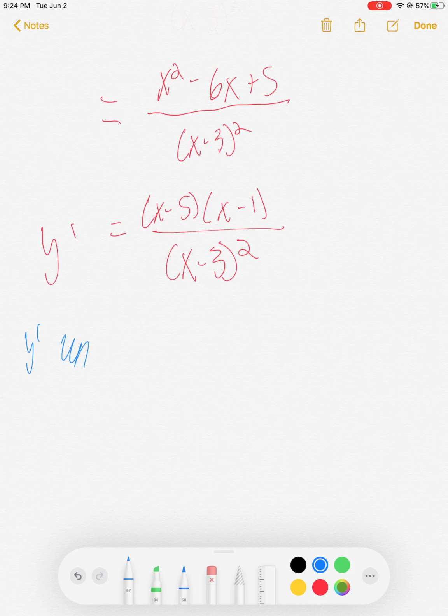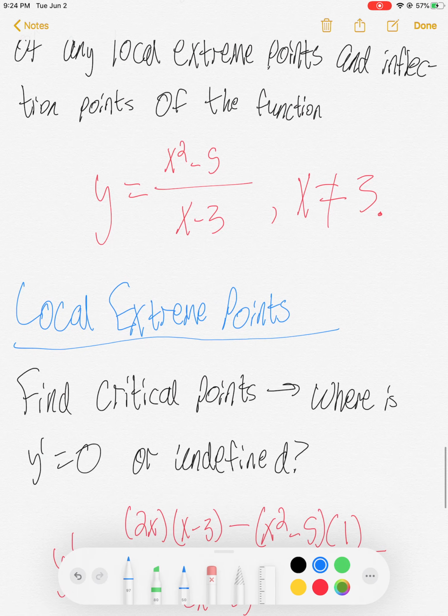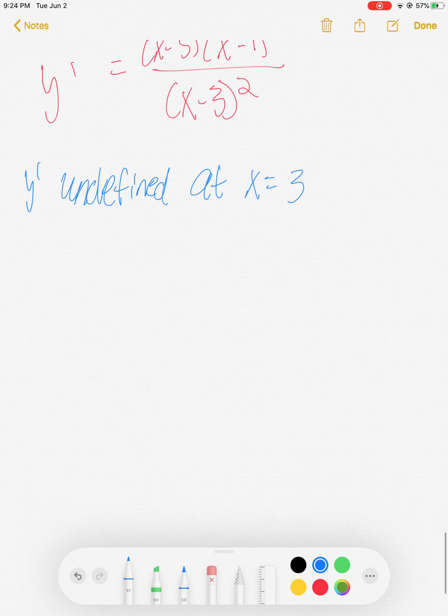And so the question becomes, where is this undefined and where is this 0? Well, y prime is undefined at x equals 3.